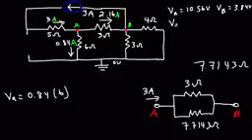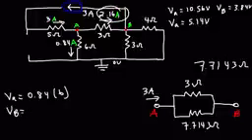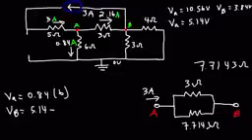And so the potential at point A is 5.14 volts. Now we can calculate the potential at point B now that we know the current flowing through the 3 ohm resistor. So it's the potential at point A, which is 5.14, minus, keep in mind that the current flows from a high potential to a low potential. So potential B is lower than potential A.